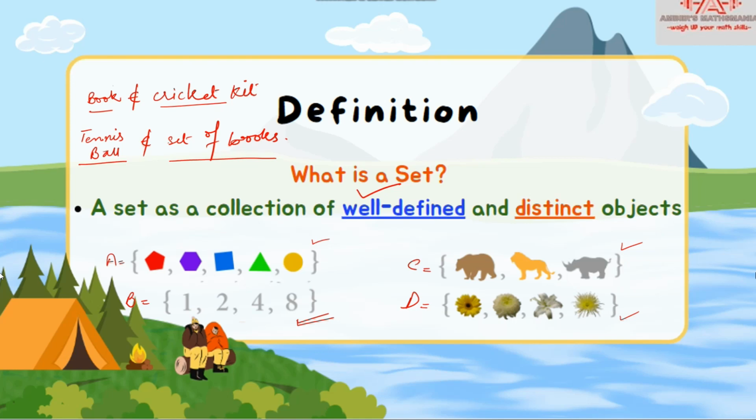For example, if we have a set of vowel letters, I am denoting that one as V: A, E, I, O, U. Do you think this set is well defined? Of course, yes. In this set, there is no doubt about the elements or members of the set. A, E, I, O, U are vowel letters.